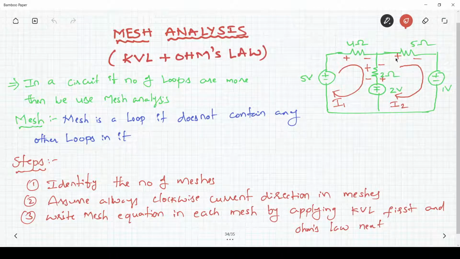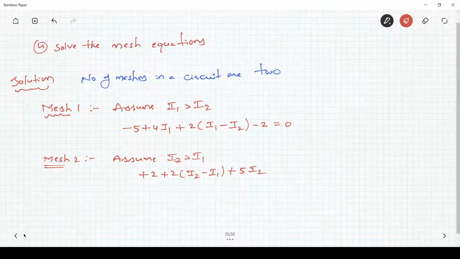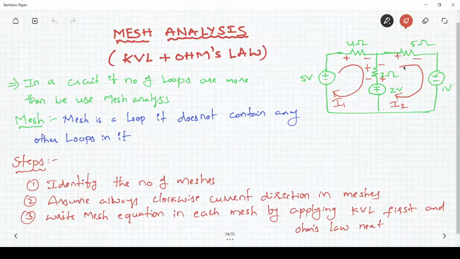Now we are moving towards the 5 ohm resistor. The voltage drop across the 5 ohm resistor is 5 into I2, V equal to IR, right? So it is plus 5 I2. Next, it is moving towards the 1 volt source.